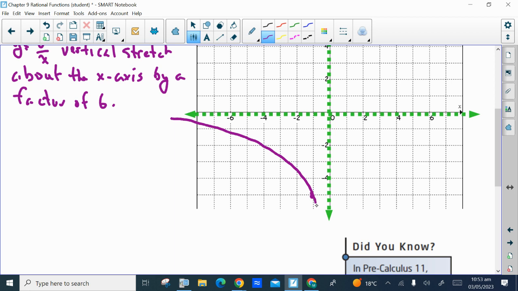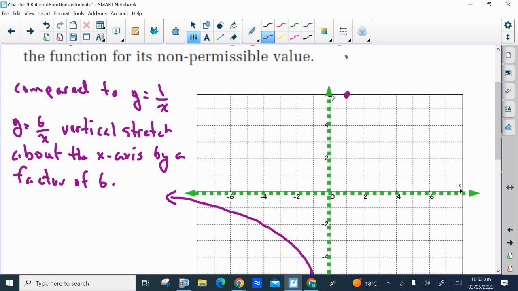So the graph might look something like that. There's that branch, and that branch. There's a vertical stretch about the x-axis by a factor of 6. It doesn't change our asymptotes.